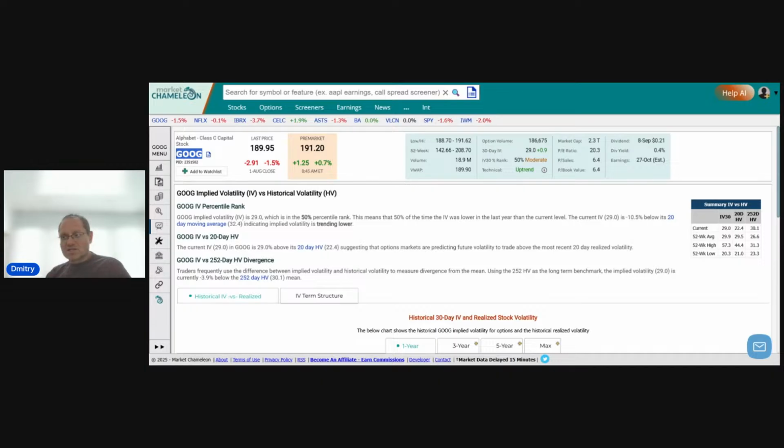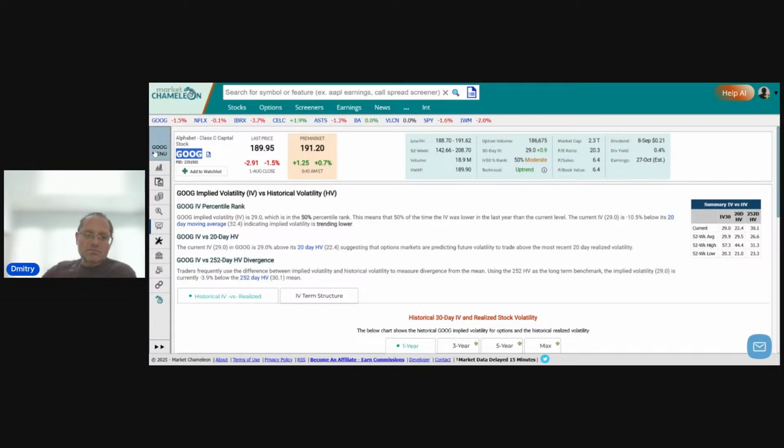You could have an option that's a LEAP, an option that expires tomorrow, one a week from now, 3 weeks from now. So when you have all these different options to look at and you can calculate implied volatility, you're going to get a lot of different implied volatilities that could vary by a lot.